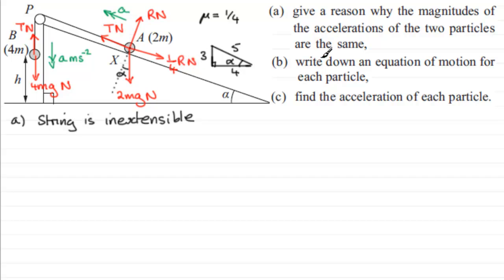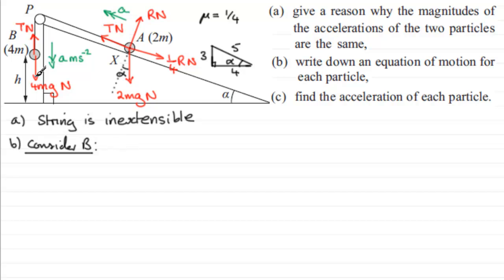Now when it comes to writing down the equation of motion for each particle, let's start with particle B. I feel that's the easiest to work with. So we'll just put up here, we're on part B now, and I'm going to consider the motion of particle B. So we're applying Newton's second law, force equals mass times acceleration.